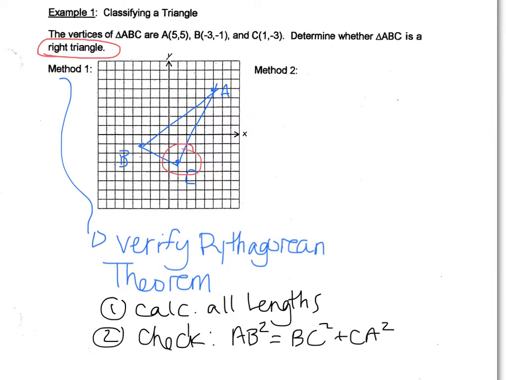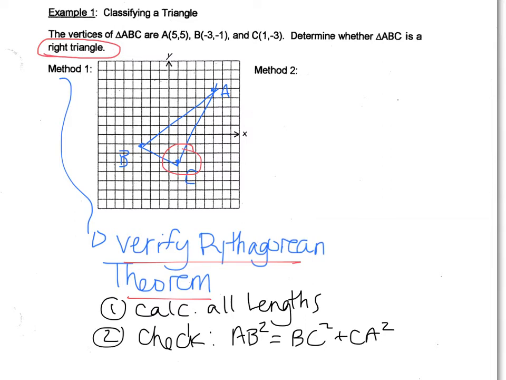And that would be the first method, using the Pythagorean theorem. That is quite long. That is not the recommended method because it honestly takes a long, long time. When we talk about verifying a right triangle, my recommendation is to go the second method and verify that the right angle exists.